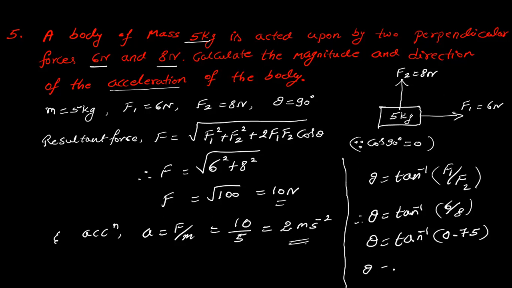After solving, we get 36 degrees 52 minutes. This is with F1. That means the acceleration goes somewhere like this, at an angle of 36 degrees 52 minutes with F1.